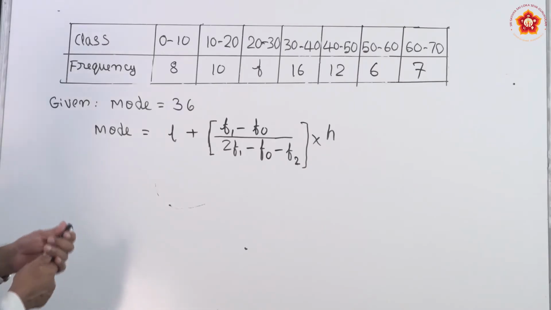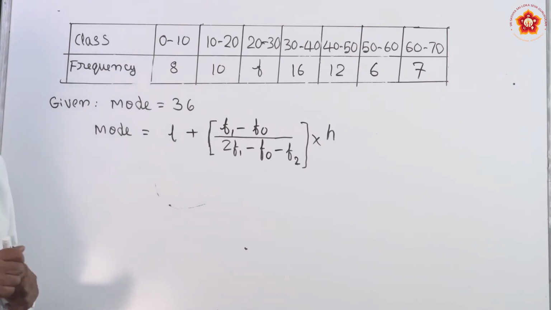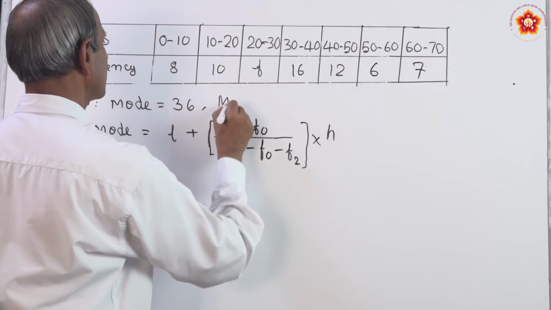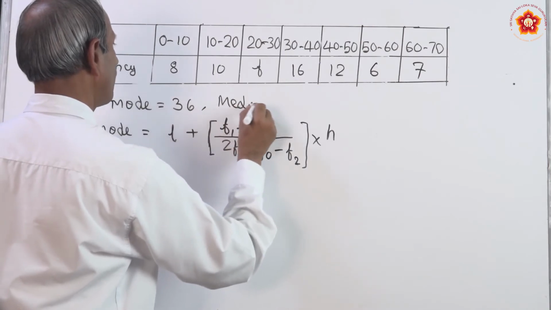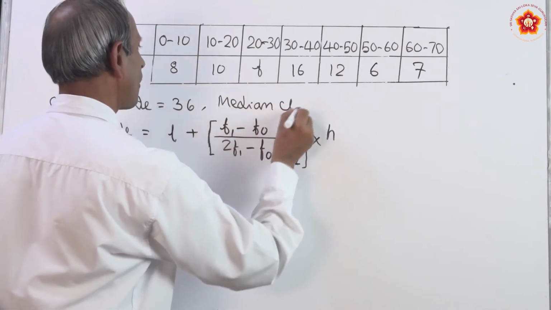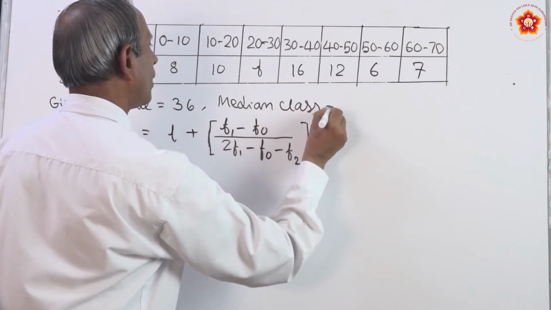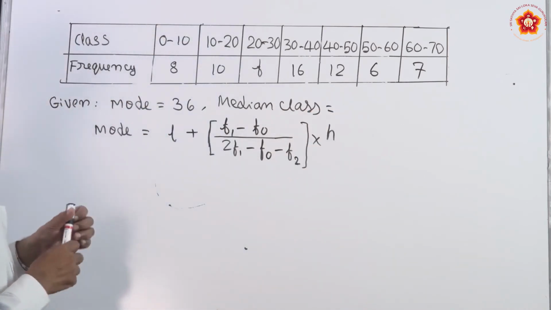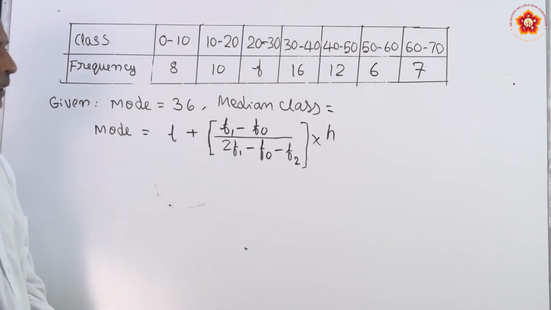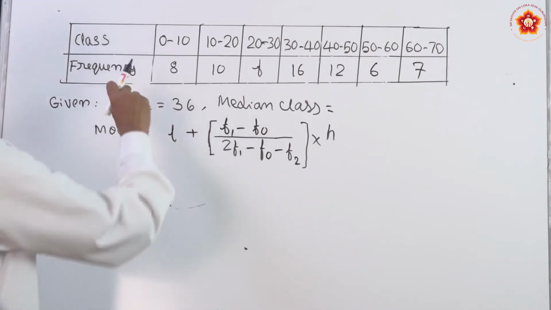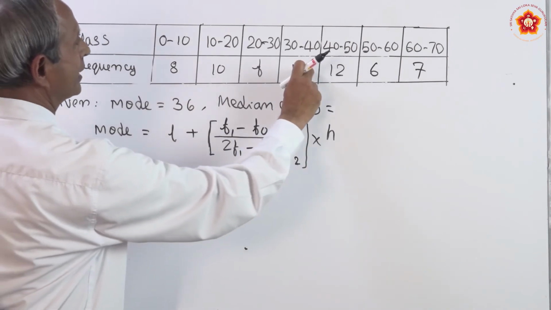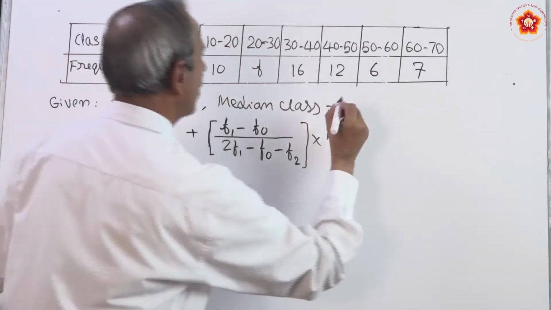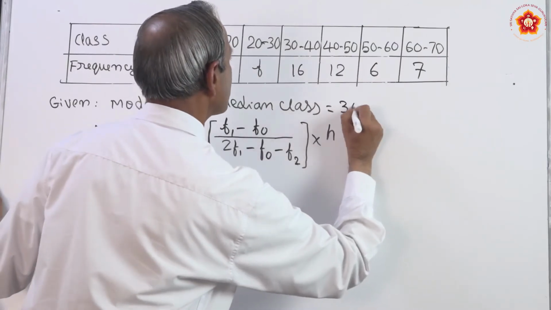First of all, you have to find the modal class. The modal class is that which has the highest frequency. In this problem the highest frequency is 16. Therefore, the modal class becomes 30 to 40.